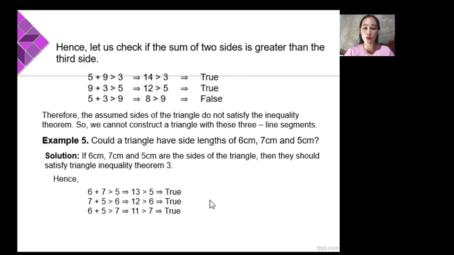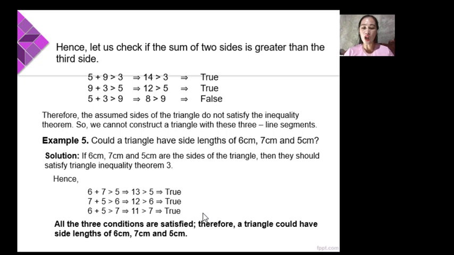It is true. If we add 6 centimeters and 5 centimeters, we have 11 centimeters, and it is greater than 7 centimeters. So it is true. All 3 conditions are satisfied. Therefore, a triangle could have side lengths of 6 centimeters, 7 centimeters, and 5 centimeters.